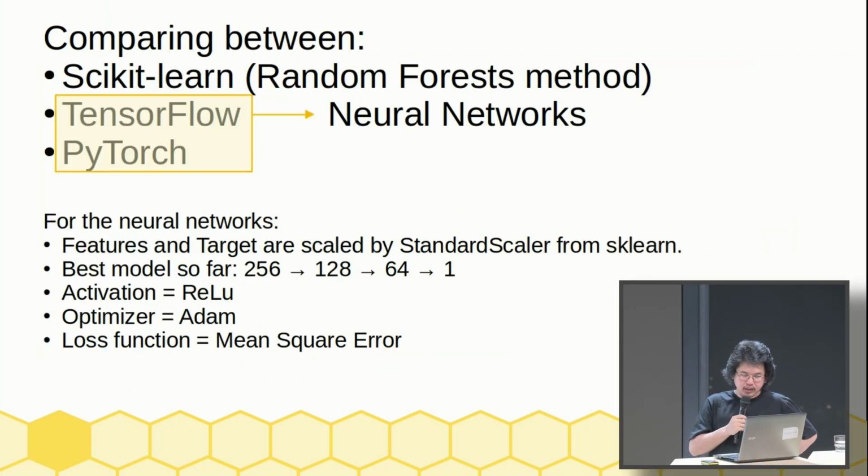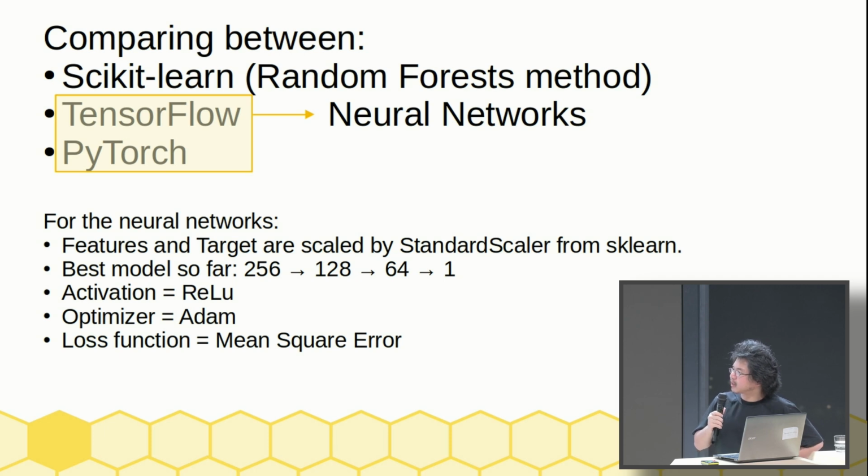So basically what I did is I compared three models. The first is scikit-learn with a random forest method, and then also TensorFlow and PyTorch, both of which are neural networks. For the neural network, I scaled the features and target with the standard scaler from Sklearn.